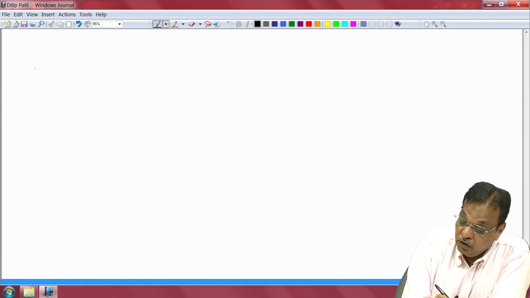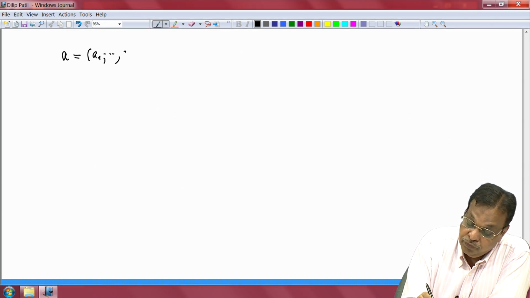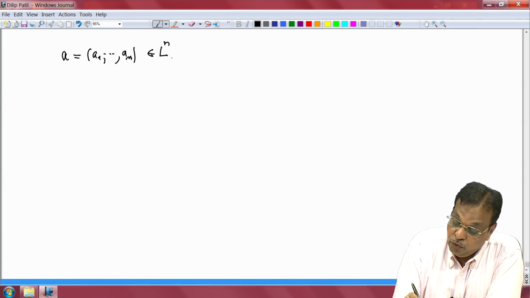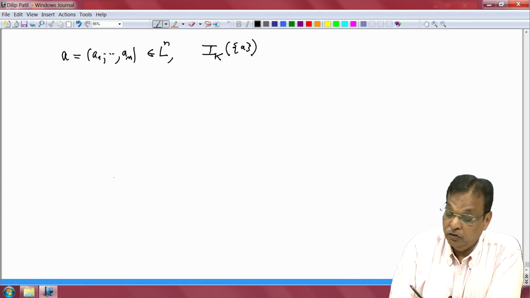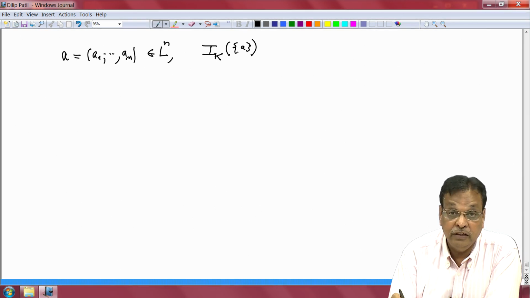Alright, now before I state corollary 3, I want to remind you some notation. Suppose I have a point a equals (a1, ..., an) in L power n, then I want to describe this ideal I_K of the singleton a. This is by definition all those polynomials with coefficients in K which vanish at this a.